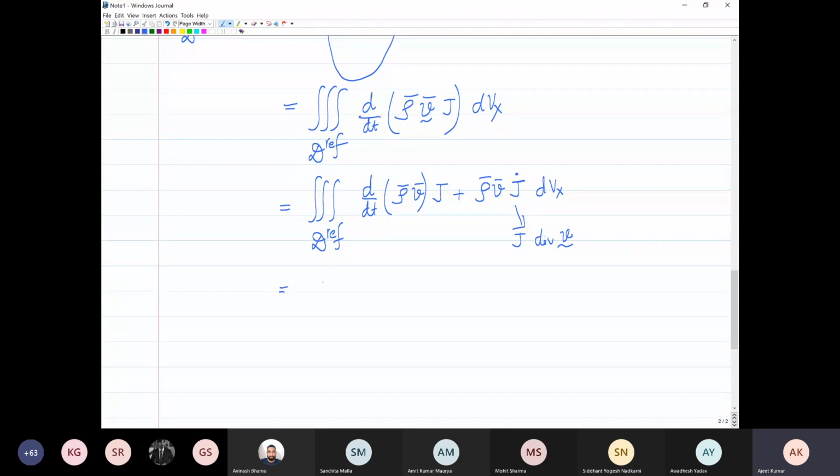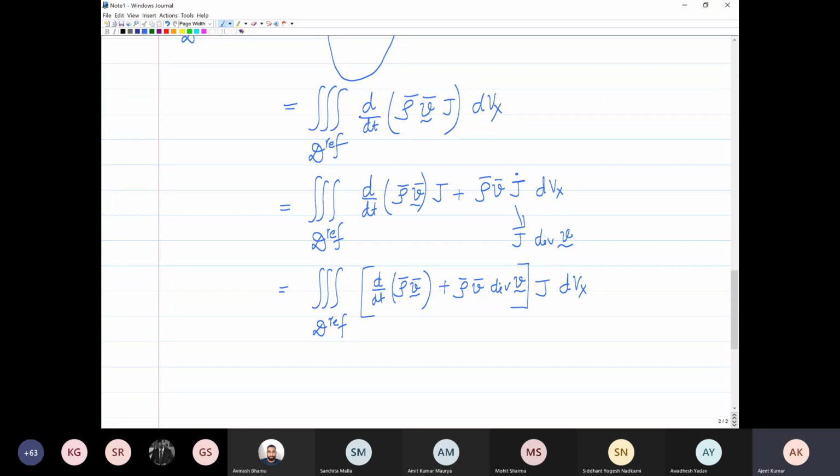Okay, if we do that, then we have simply the integral over the referential domain of d/dt of rho bar v bar, with this velocity vector, plus rho v times the divergence of v, times j dVx.